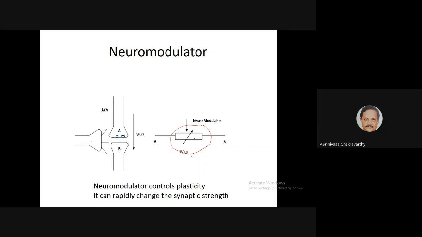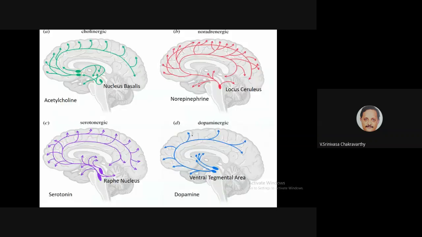So it's as though you are multiplying this WAB by a factor, which is determined by that neuromodulator chemical. It immediately controls plasticity. Now there are several neuromodulators. Acetylcholine is only one of them, which plays a prominent role in hippocampal function and therefore in memory functions. And there are 4 major neuromodulators. There are a couple of others like oxytocin and all that, right?